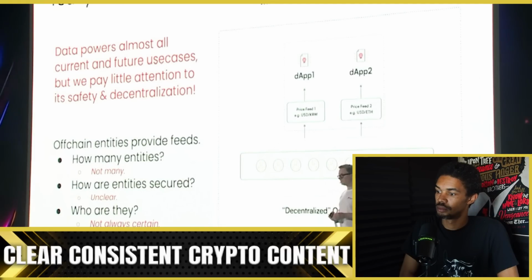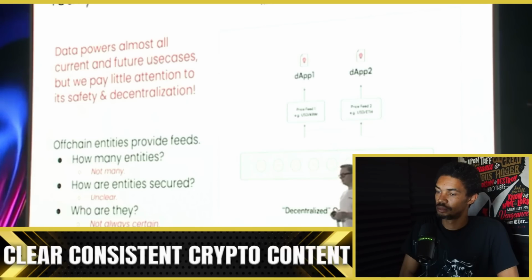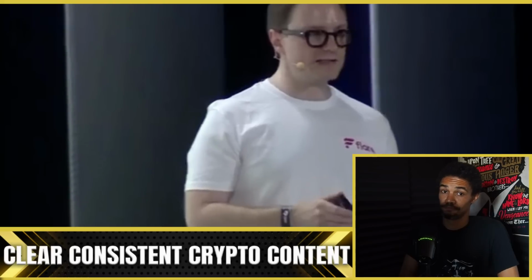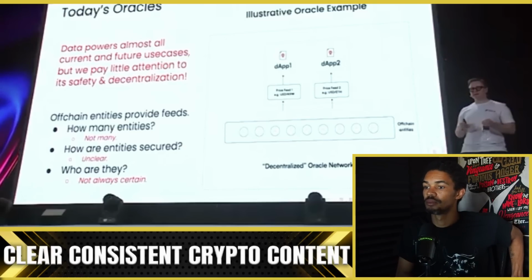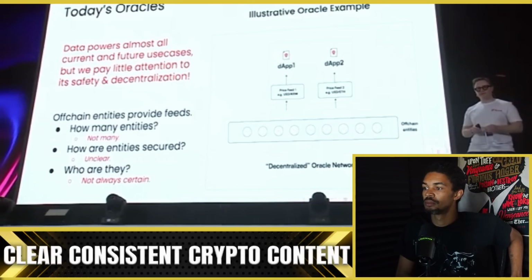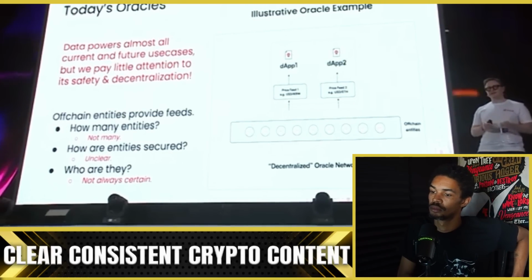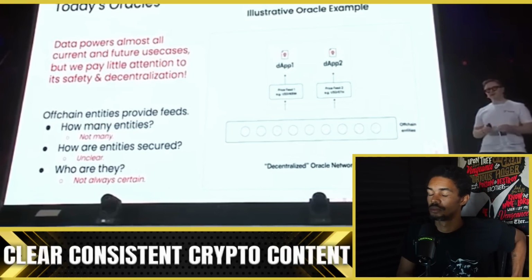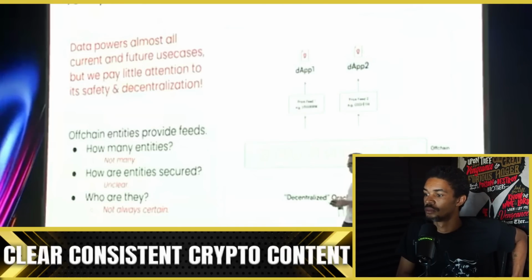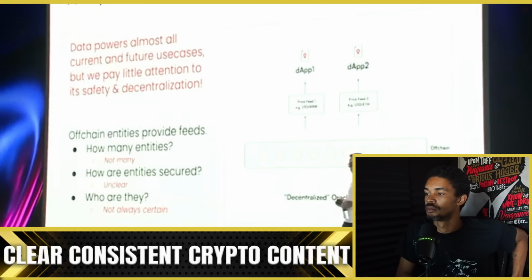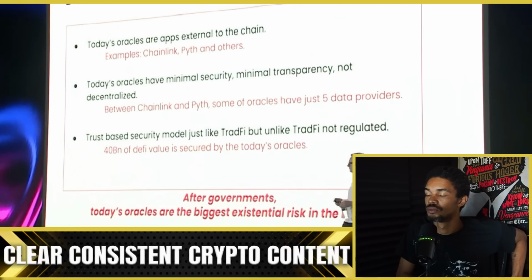In today's oracles, across the 2 most popular oracles, Chainlink and Pyth, the worst supported oracle has only 5 data providers. And this unnecessarily complicates the development experience, limits experimentation, and massively reduces the probability that we will uncover future use cases that are valuable to us as an industry.